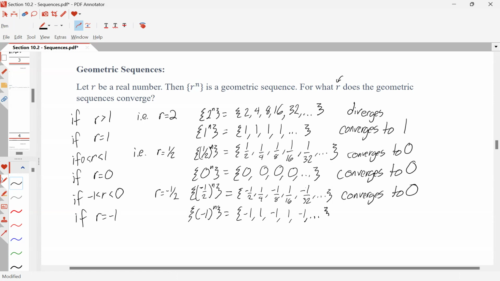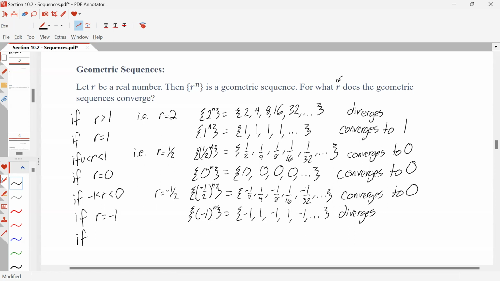For a limit to exist, the terms have to get close to a single value. This is bouncing between two values, and we saw this example actually in the first video, where this is what is known as divergence, because there's not one value we're getting close to, there's two. So this diverges because there's not a single value.